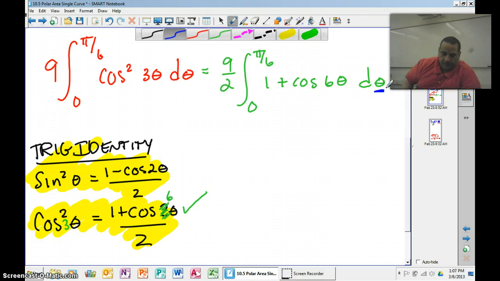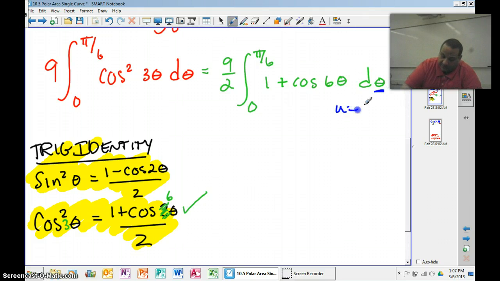Okay? Well, I'm going to have a u substitution at this point. I'm going to say u equals 6 theta. Therefore, du is 6 d thetas. Okay?